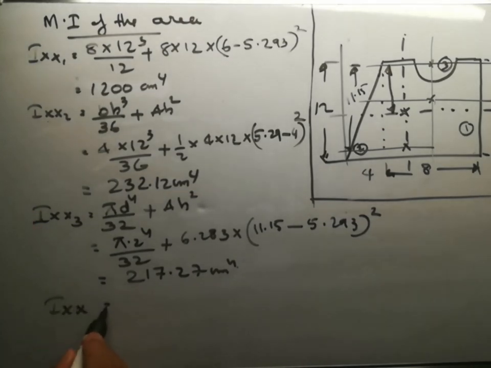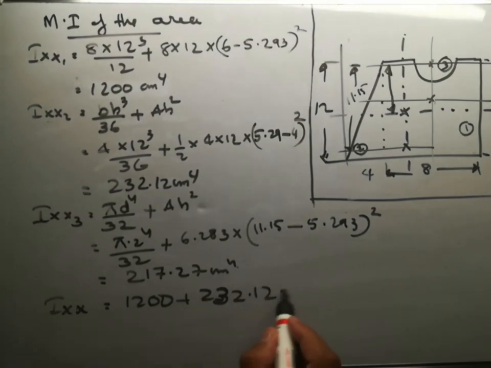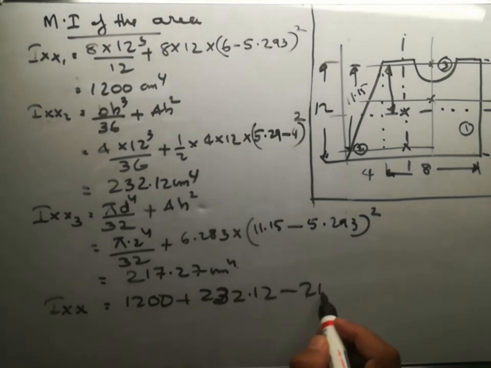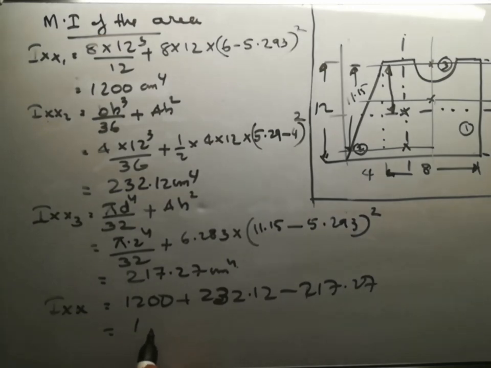That is, Ixx is equal to 1200 plus 232.12 minus 217.27, and that should be equal to 1214.8 centimeter raised to 4. That is Ixx.